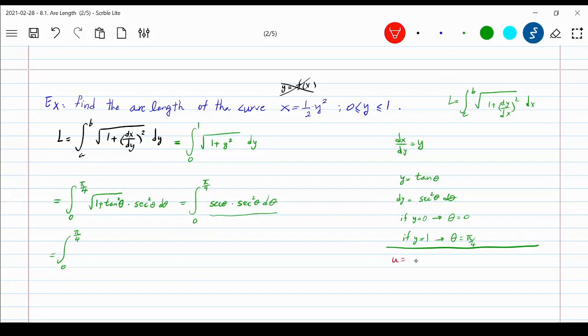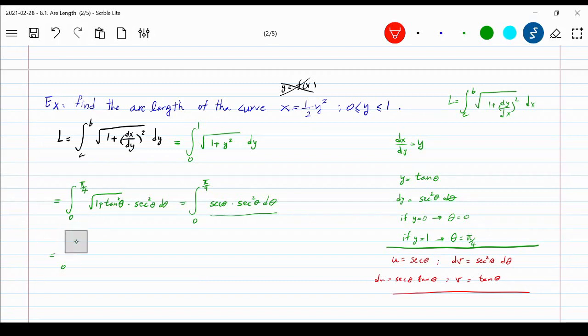We assume u equals secant theta, and dv is given as secant squared theta d theta. Therefore du equals secant theta tangent theta d theta, and v equals tangent theta. If I'm going too fast, it's just because we've done this in the trigonometric section, but I'm just going to make sure that everyone knows.